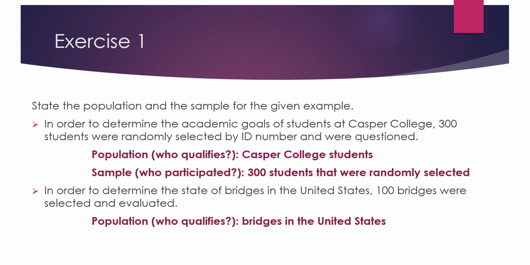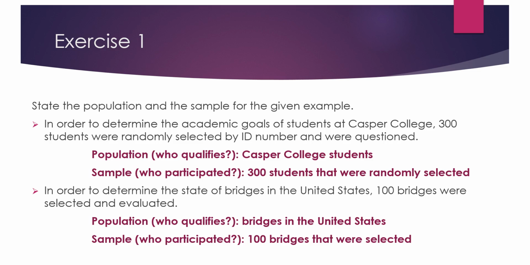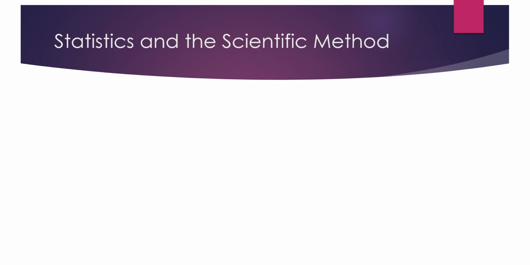So the population, not necessarily a who, but it's a good way to think about it, is the bridges in the United States. That's the only thing that qualifies. A car is not going to qualify. And then the sample, who participated: 100 bridges were selected, and that is what makes up the sample, those 100 bridges.